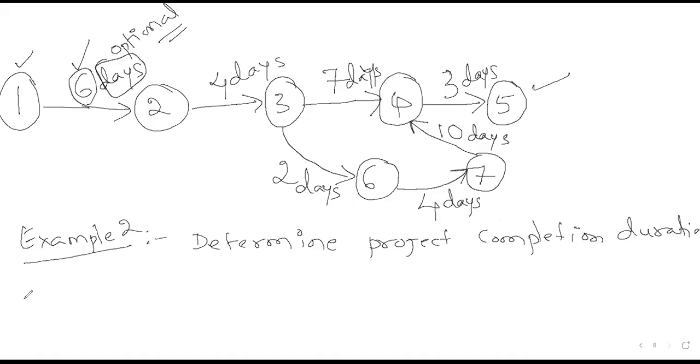So what is the solution? Using the project network, we have to determine that. Two different paths are there. One is 1 dash 2 dash 3 dash 4. The important thing here is the starting node and the ending node. Right from the starting node to the ending node, we have to write the different paths possible. Any doubts here?